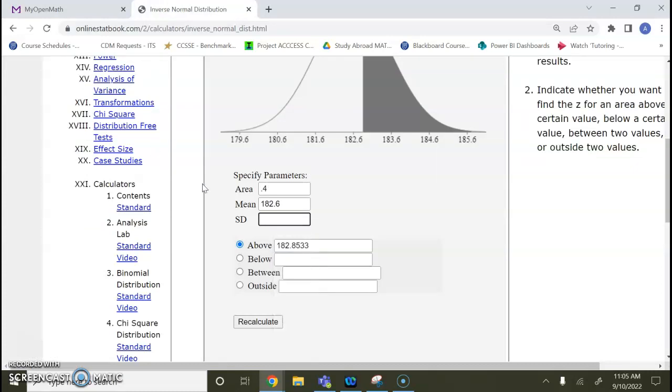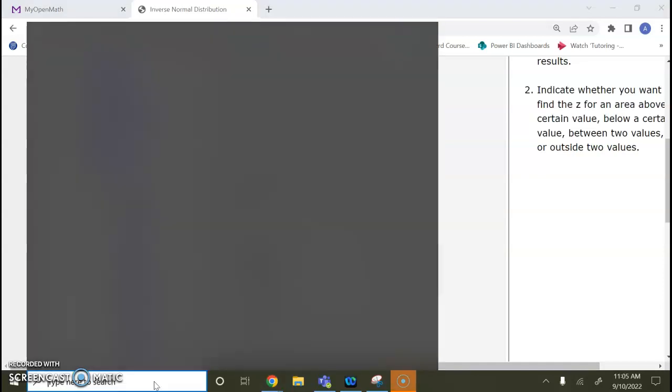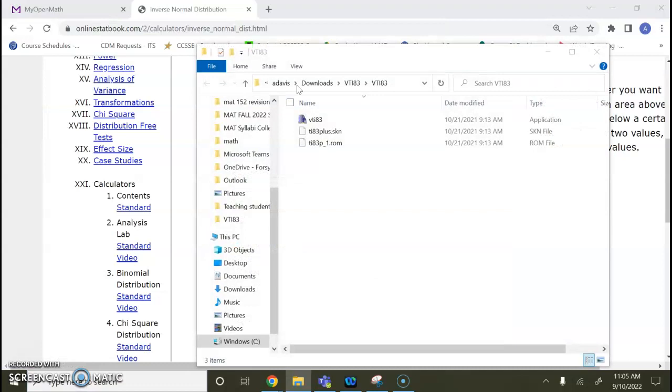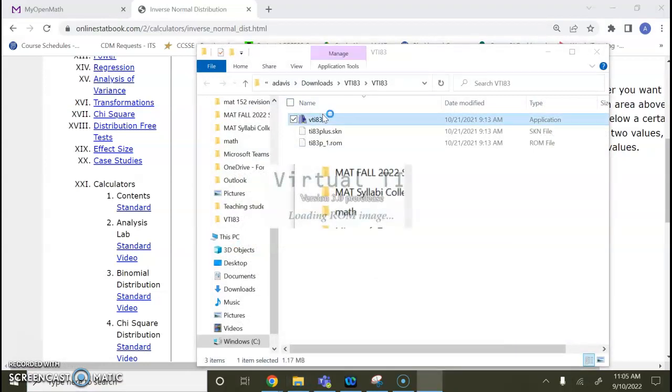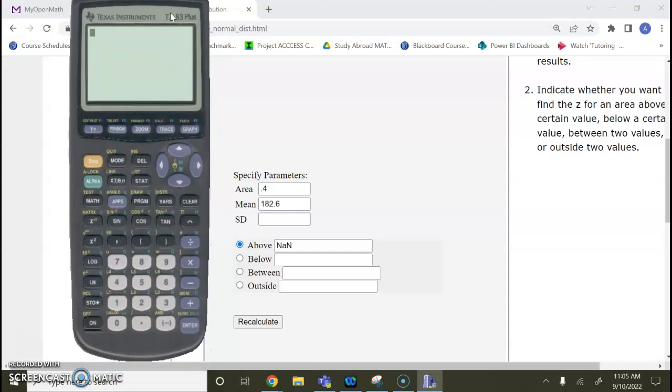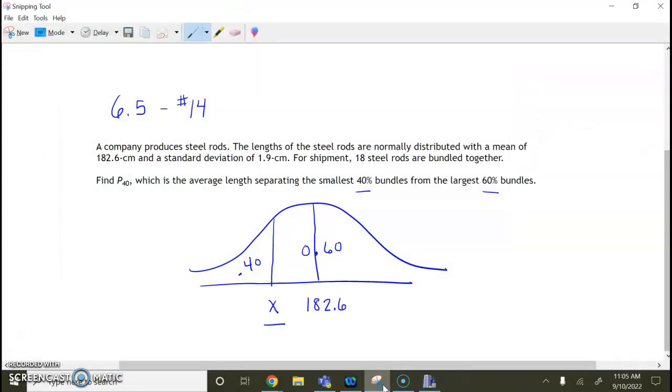But here's the trick. For our standard deviation, we have to adjust this, because we're looking at a group of things. We can't just use 1.9.